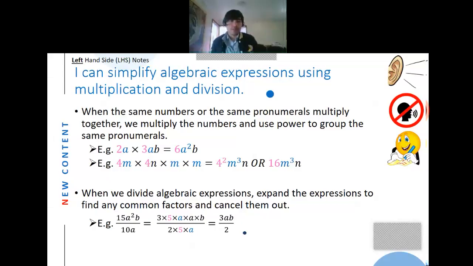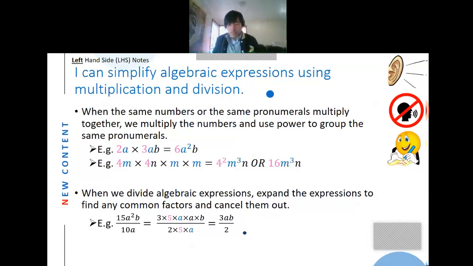When we have the same numbers or the same pronumerals multiplied together, remember that you can multiply the numbers, and also use power to group the same pronumerals. We've got a few examples here. The first one is 2a times 3ab.